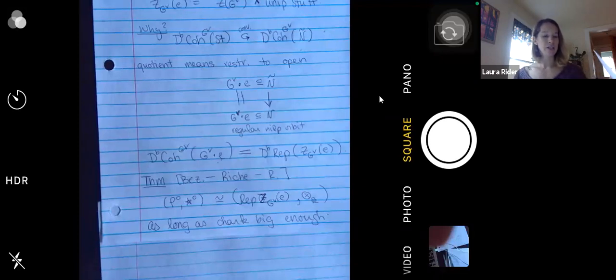If I take the weight lattice modulo the root lattice, then I want that to be free. And then the additional condition I need is that I want the co-weight lattice modulo the co-root lattice to not have any L torsion if L is the characteristic.